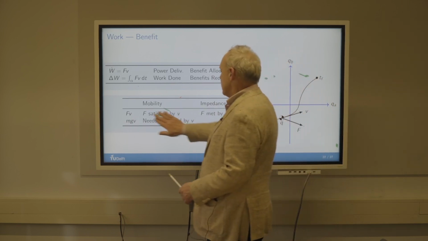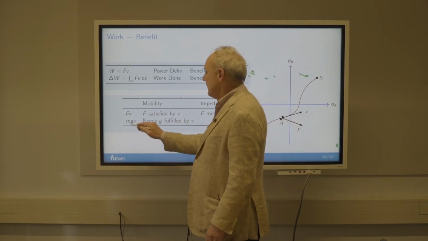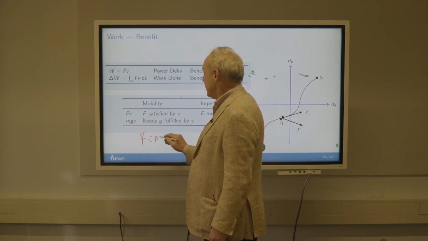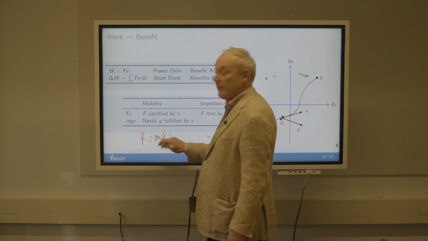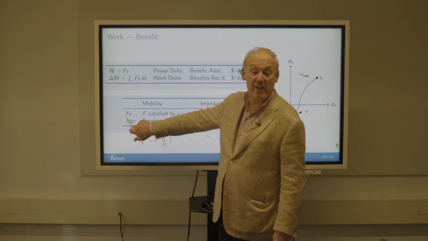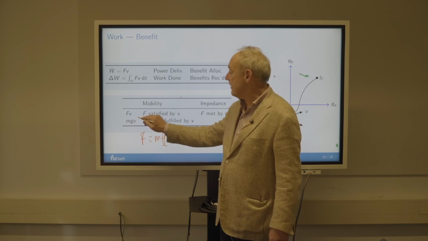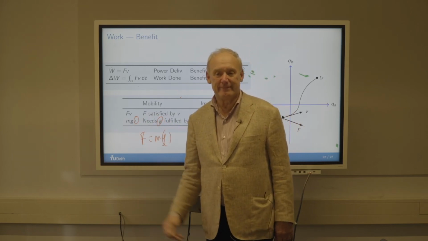People also sometimes say that the needs are fulfilled, but we know that with gravity, the force is related to your needs, so you can just pull that in, and then you will say that these needs G are fulfilled by this flow. Okay.